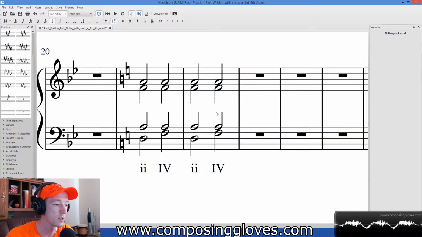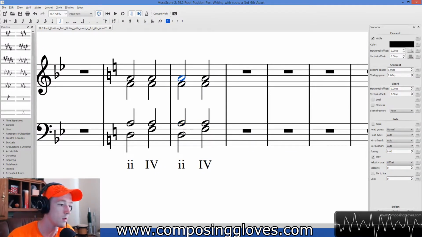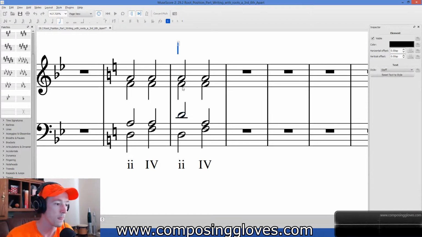So let's copy this just so we can do a comparison. Let's pick a more reasonable voicing. So we found out, well, doubling the third probably isn't the best idea, right? So we should probably double the root. So let's make this a D as well. Well, D, if we were to type this out, because I just feel like that's going to be the most clear for you. This is D, F, A, right?